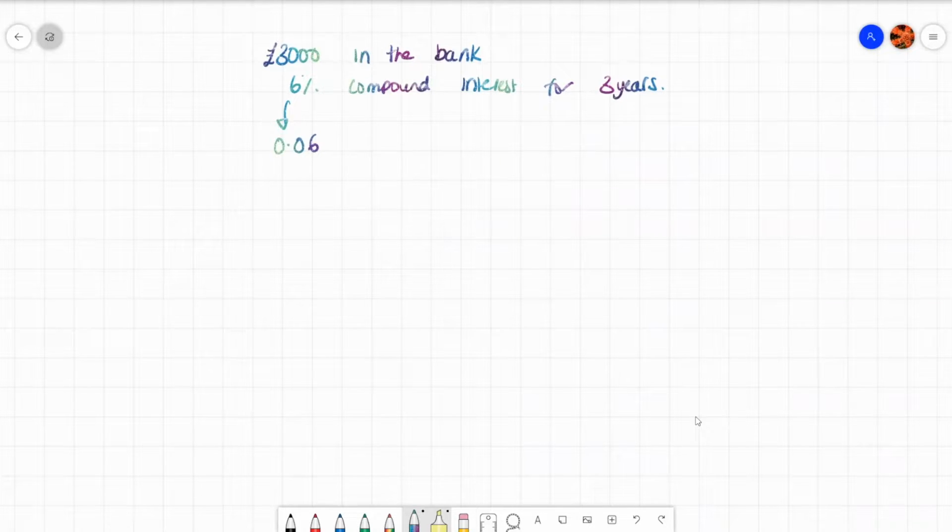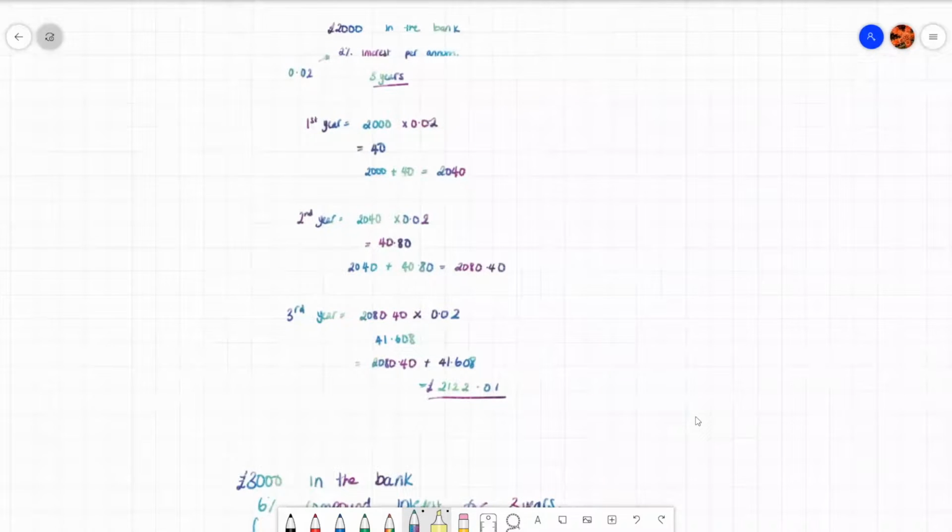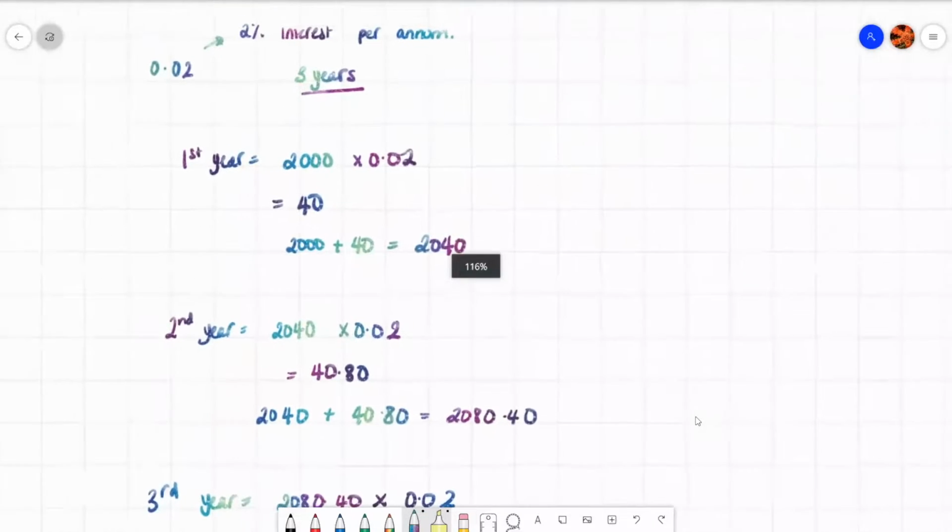We did something similar up there, where when I wanted to work out 2%, I times by 0.02, but I added that value on, didn't I? So 2% of 2,000 was £40. I then added it on to 2,000. Well, I could have done that in a short way.